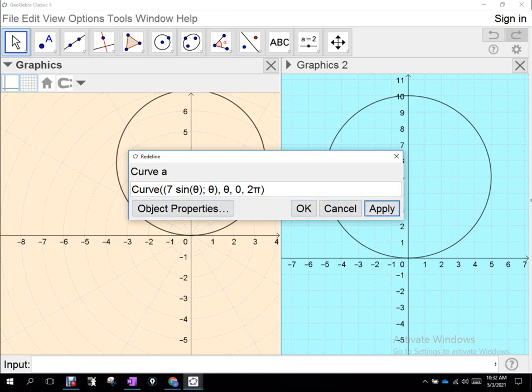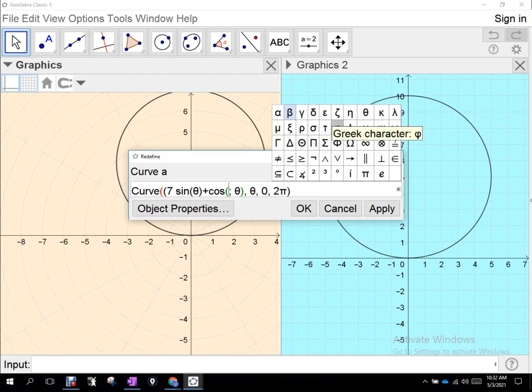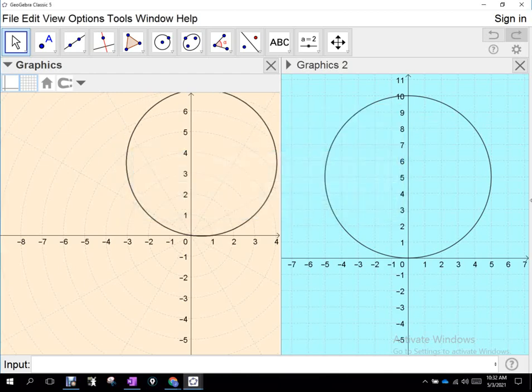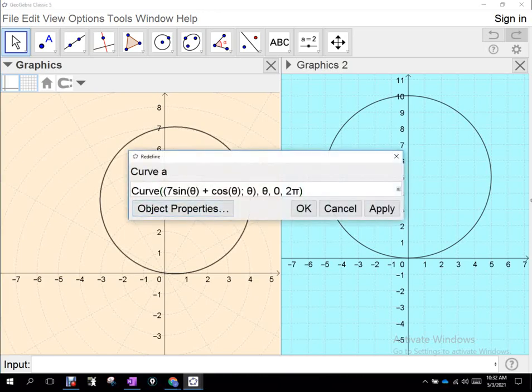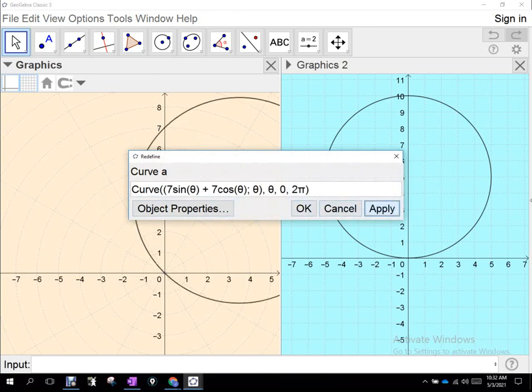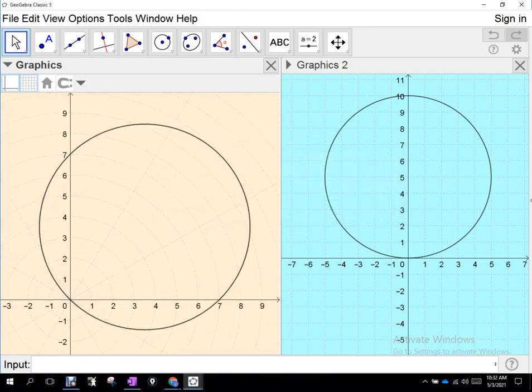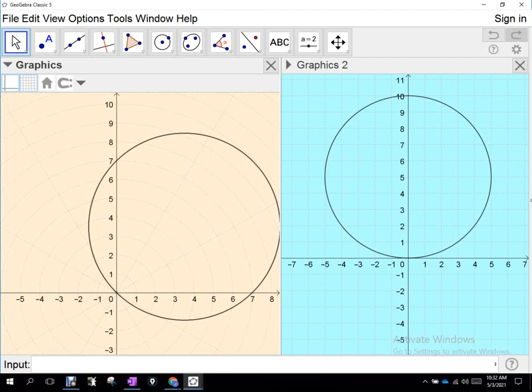Okay. See how we can move it now to different positions.